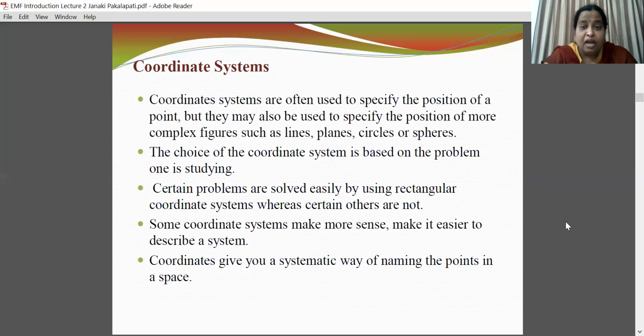If you want to describe coordinate systems in three categories: a line is a single dimension, so there are single-dimensional coordinate systems, there are planes with two-dimensional coordinate systems, and also three-dimensional coordinate systems. So the entire coordinate systems can be categorized into single dimension, two dimension and three dimension.